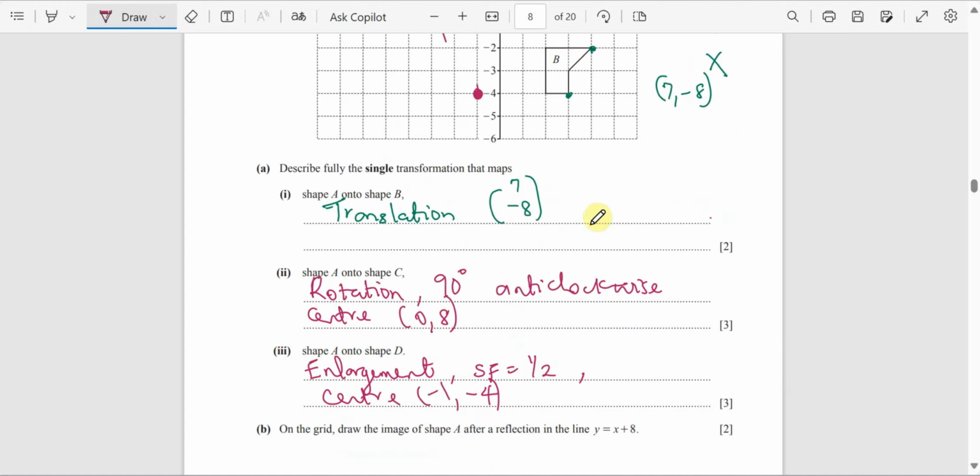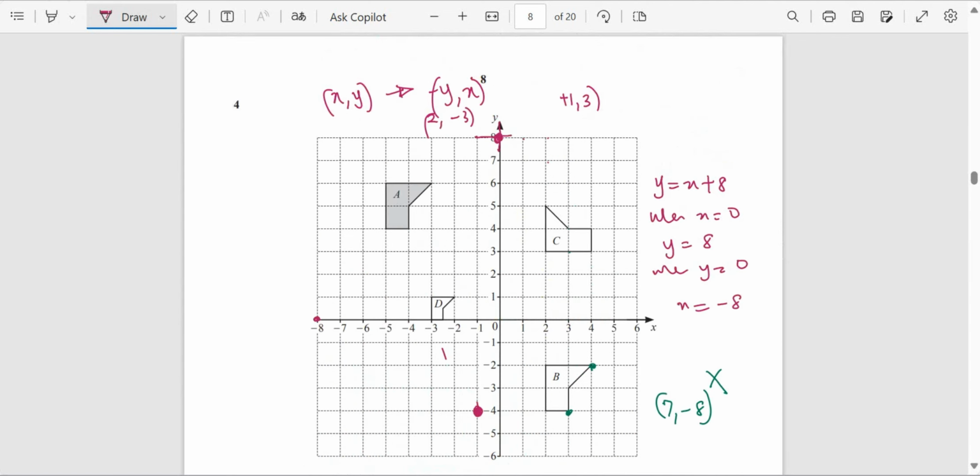Now let's look at what we are reflecting, shape A. Okay, so let's clean this part to make the work easier for you all to see. So I have y is 8 here.